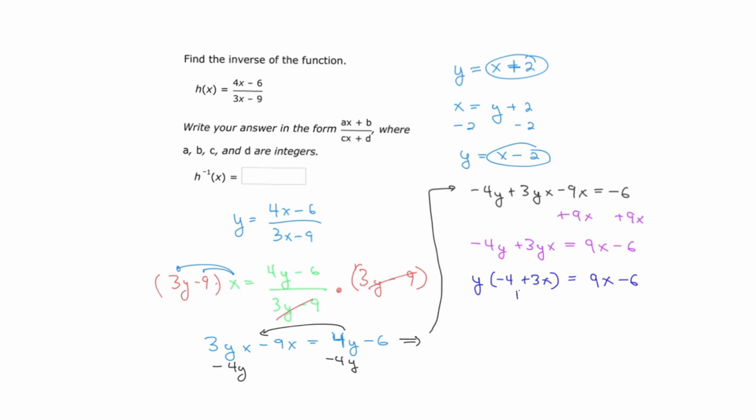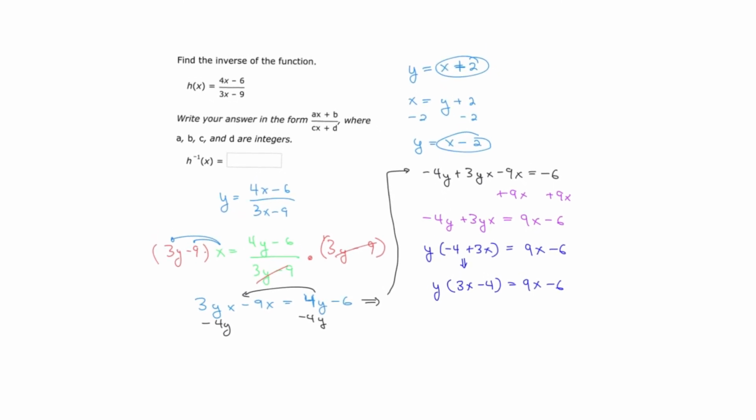I am going to rewrite this as y times 3x minus 4 is equal to 9x minus 6, just because I want it in this ax plus b over cx plus d format. So we're going to be listing it in order of highest degree. And final step, just dividing both sides by 3x minus 4.